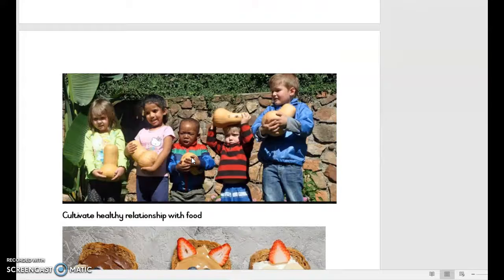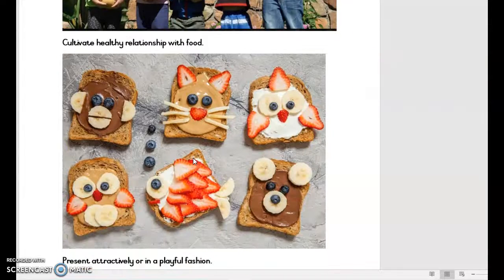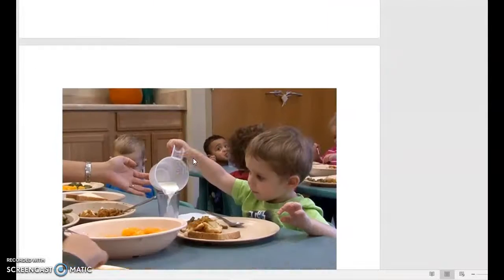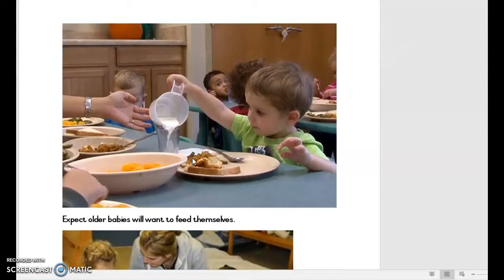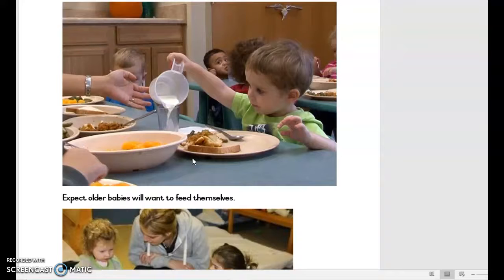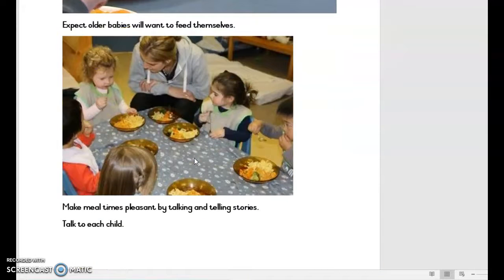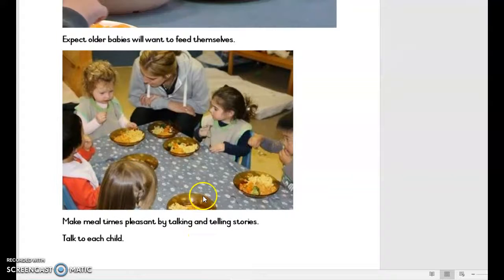Cultivate a healthy relationship with food. Introduce new foods. Present food attractively and in a playful fashion. Expect older babies will want to feed themselves. Allow them that trial and error. Make mealtimes pleasant by talking and telling stories, and talk to each child about the food.